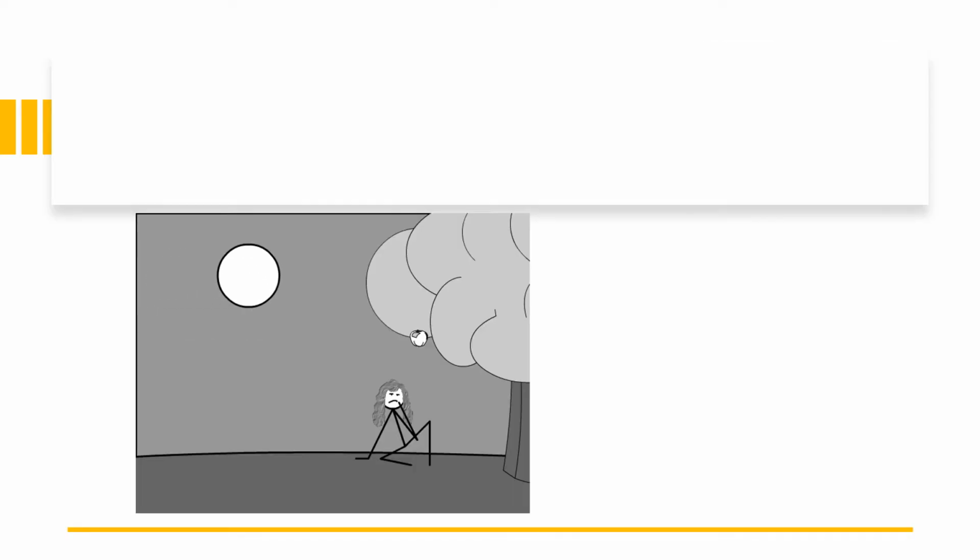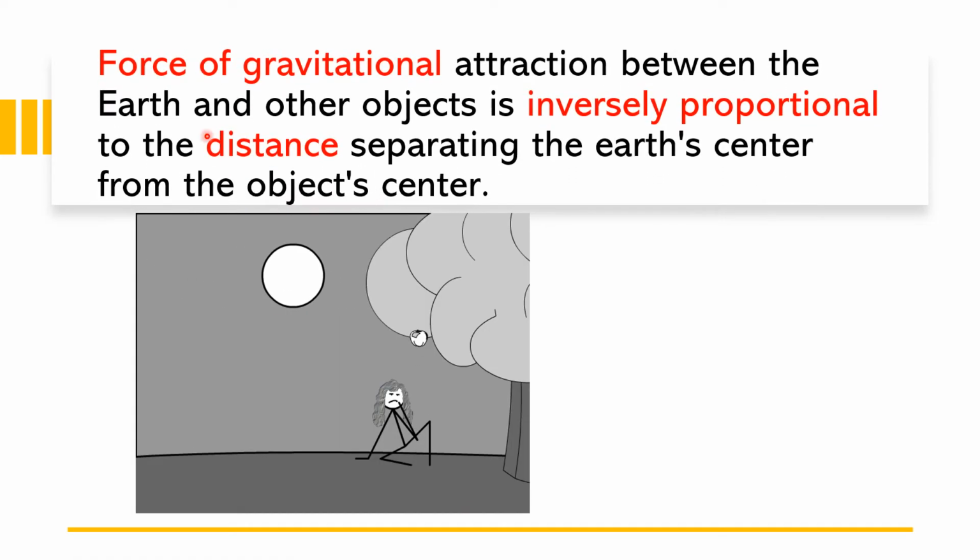Another one, this comparison also led Isaac Newton to conclude that the force of gravitational attraction between Earth and other objects is inversely proportional to the distance. So the relationship between the gravitational force and distance is inversely proportional. That distance is the distance separating the Earth's center from the object's center.